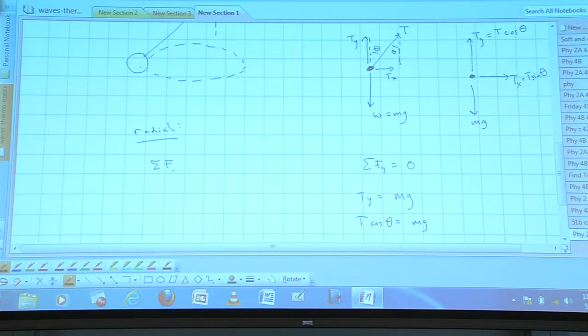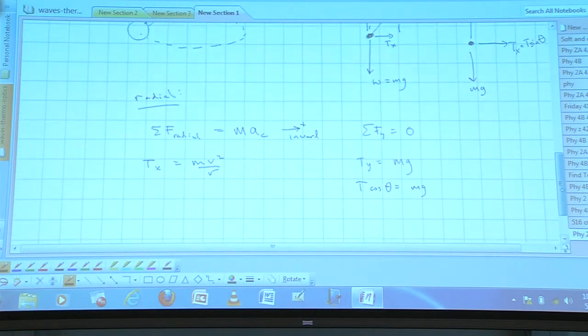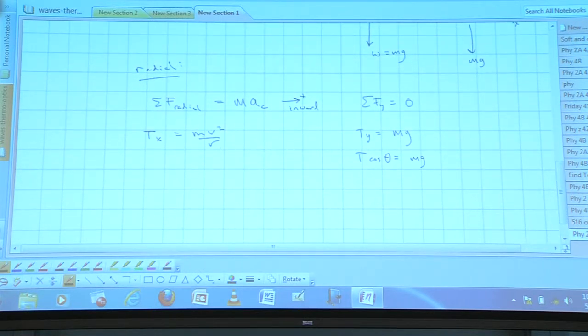The sum of the forces in the radial direction has to equal m a centripetal. I'm going to call radially inward my positive direction. So I have a positive T sub x, and that has to equal mv squared over r, because it's moving in a circular path. And this is T sine theta.